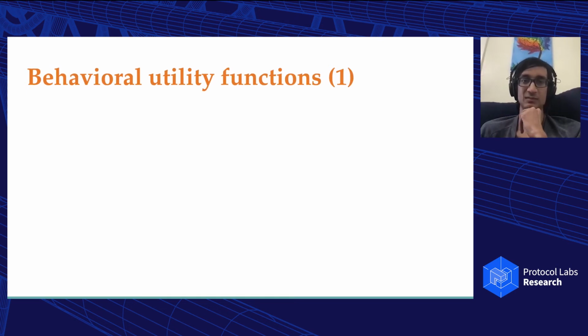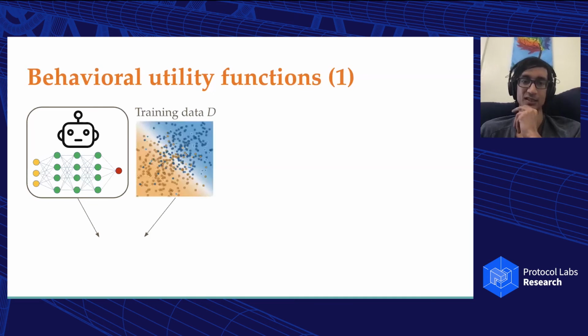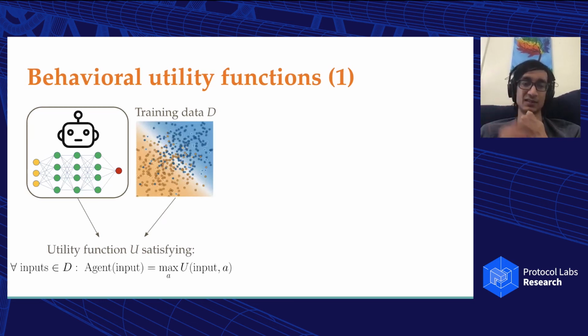This is pretty straightforward. You take your agent and you take the training data that it was trained on. You look at how the agent behaves on that training data. And then you say that the agent's utility function is this function U that basically rationalizes or explains the agent's actions on this training data.